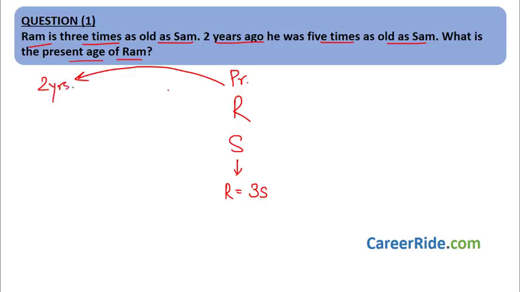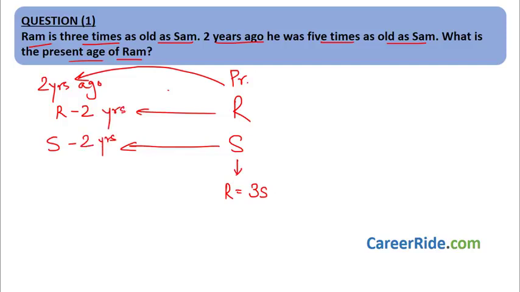What would be the age of Ram 2 years ago? R minus 2, because in 2 years Ram will grow by 2 years, so R minus 2 plus 2 will be R, the present age. So 2 years ago, the age of Ram would be R minus 2 and the age of Sam would be S minus 2.